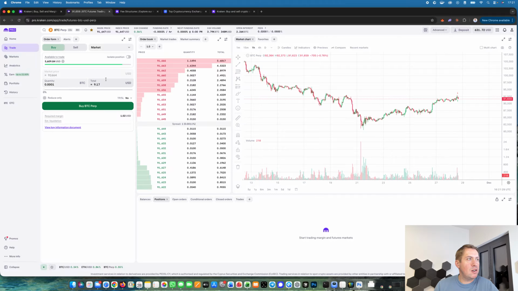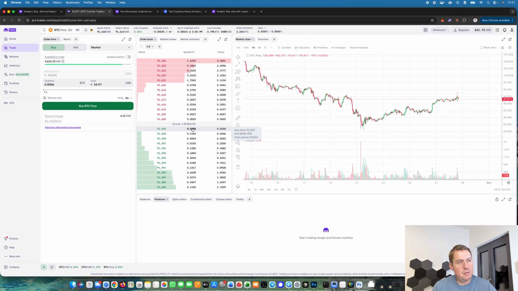And then a market order is basically, the order will get filled immediately to the best price available on the market. And you usually can do that if your position size isn't too big. As you can see here, most of the orders in the order book are 0.0 or 0.1 BTC.